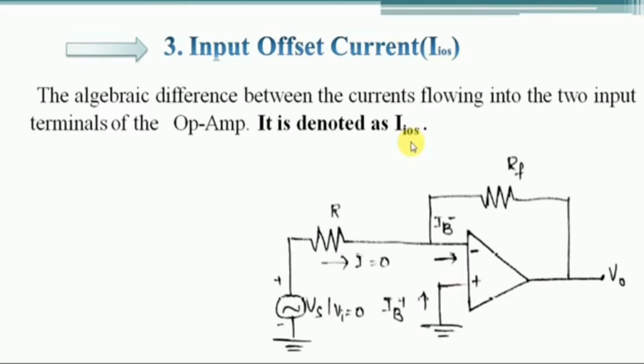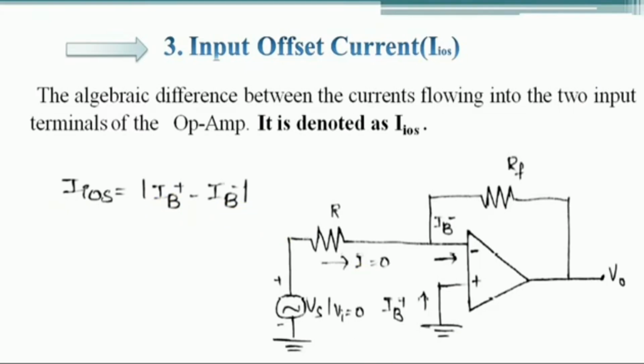Similarly, it is defined as the algebraic difference of bias currents at the input terminals of the op amp. So mathematically we can write the equation as iOS magnitude, since we know that the current is always positive, equals the difference of the non-inverting terminal current minus the inverting terminal current.